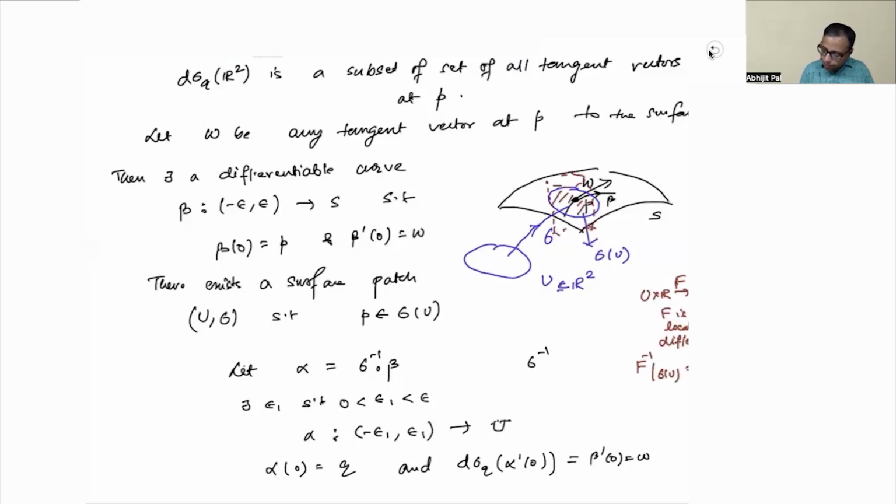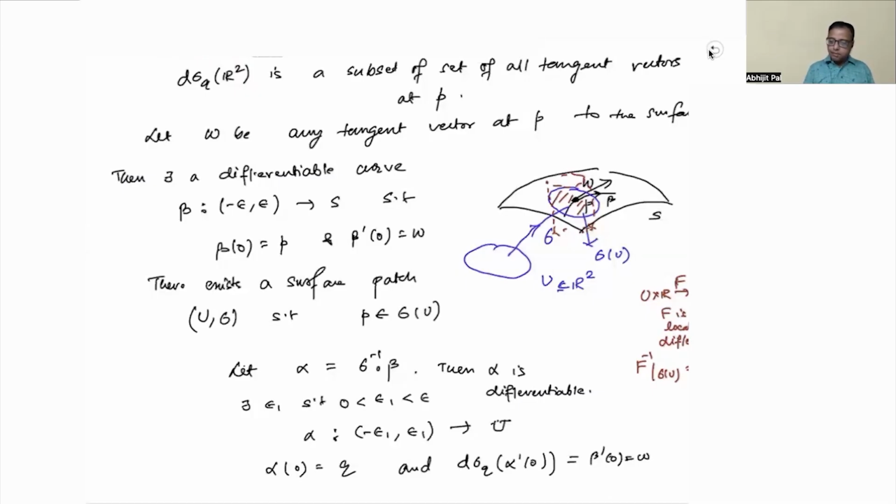Therefore this alpha will also be differentiable. All right, so we have proved this proposition.